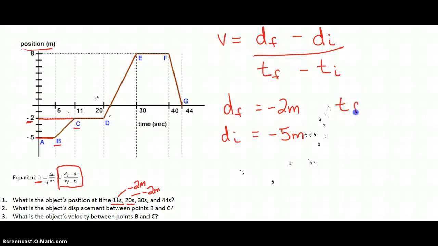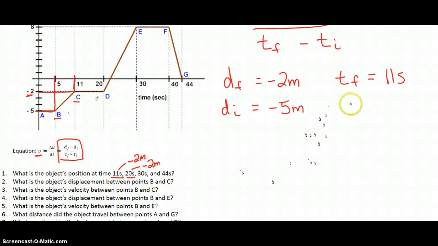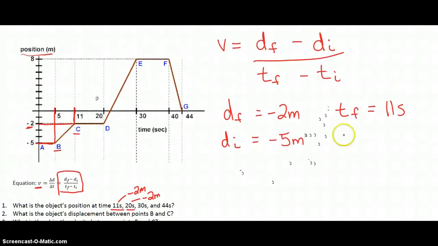So my end time at point C, I go down to the x-axis, and I see that's 11 seconds. My start time is at point B. I'm going to move vertically to the x-axis, and I see that my start time equals 5 seconds. Now I've defined all my variables and plugged them into the equation.